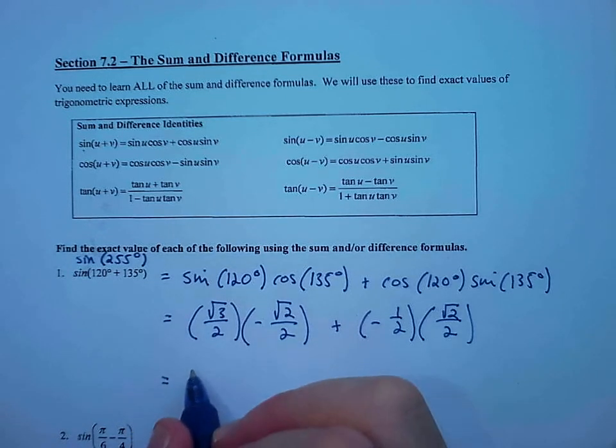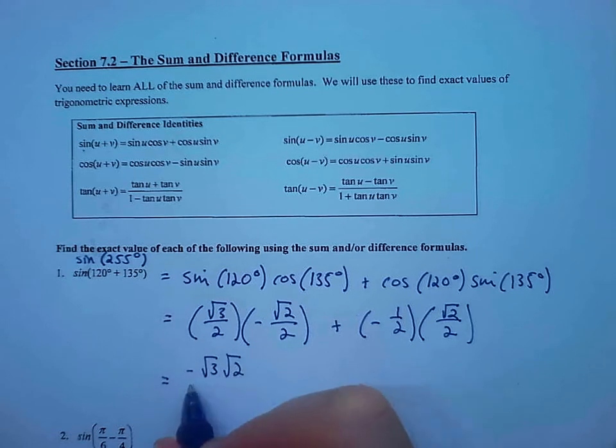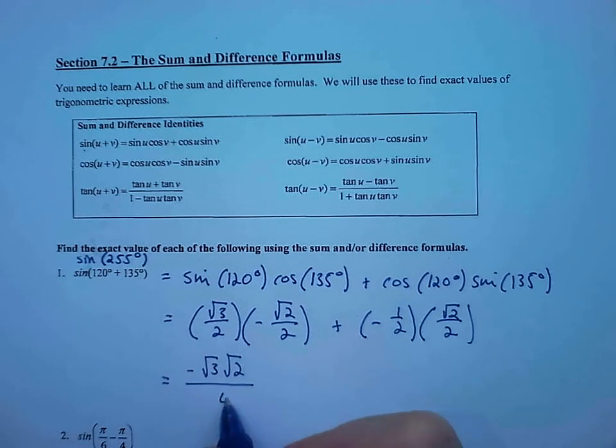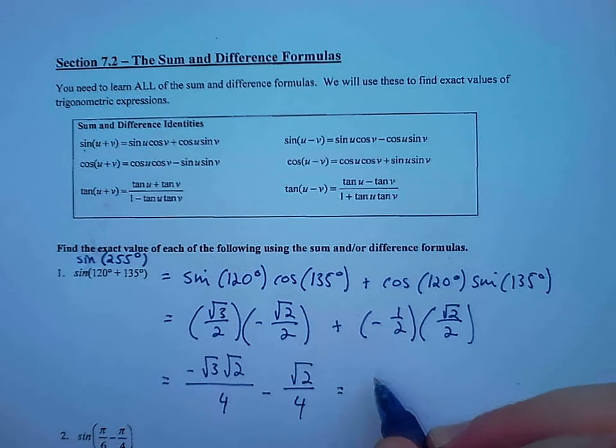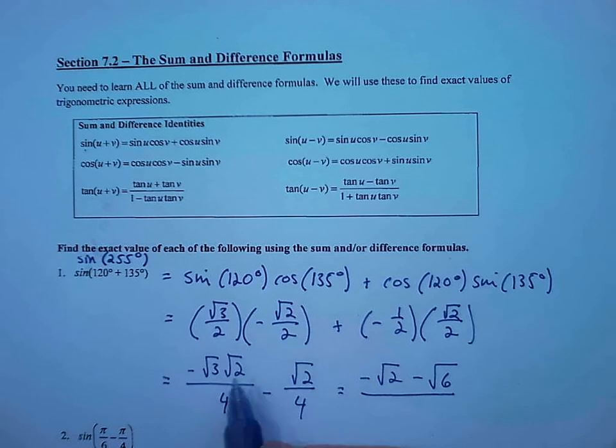This is going to come out to negative square root of 3 times square root of 2 over 4 minus the square root of 2 over 4, if we multiply those two things together. So then this is going to become negative square root of 2 minus the square root of 6, or really vice versa if you want to stick to the same format that we have over here. Either way, these are going to be divided by 4.